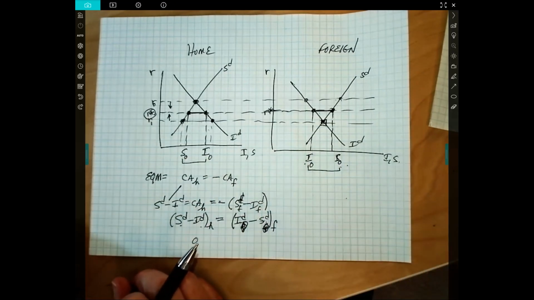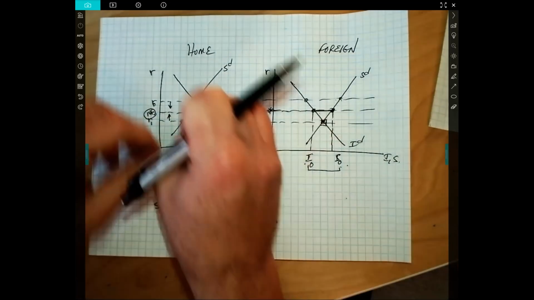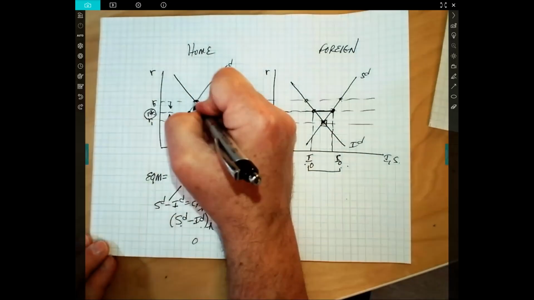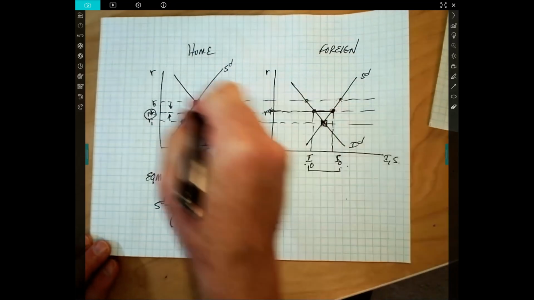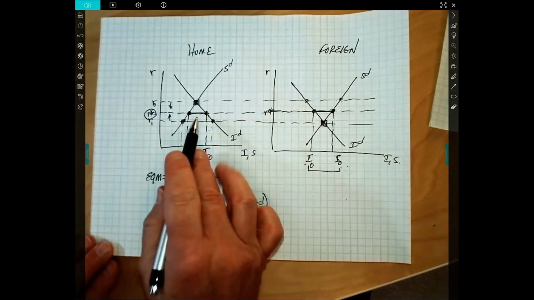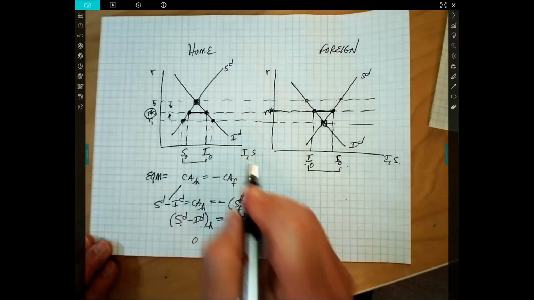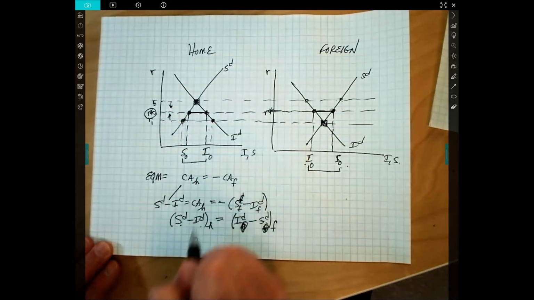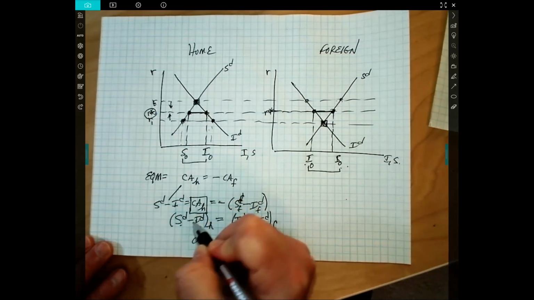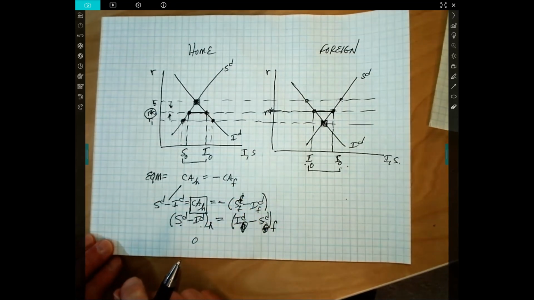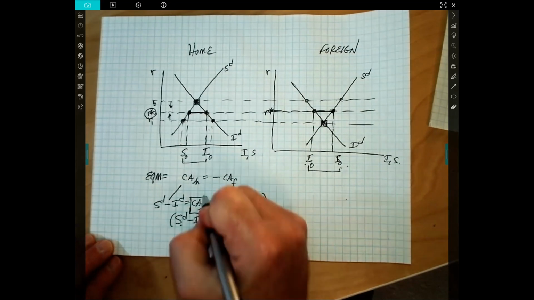It could be the other way around, depending on how you draw the graphs, but I drew the graph such that this one has a higher equilibrium real interest rate than this country. Why did I draw it that way? Because I want to match up with the problem. I want the current account to be what?